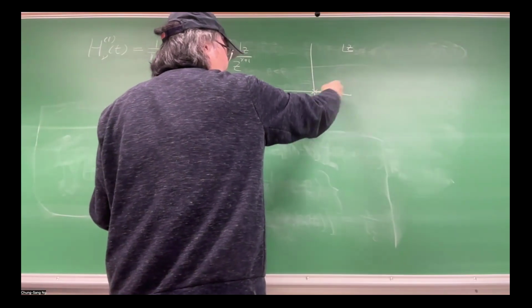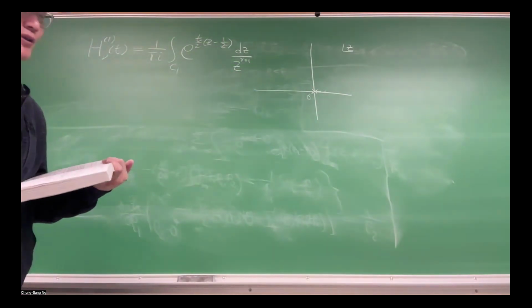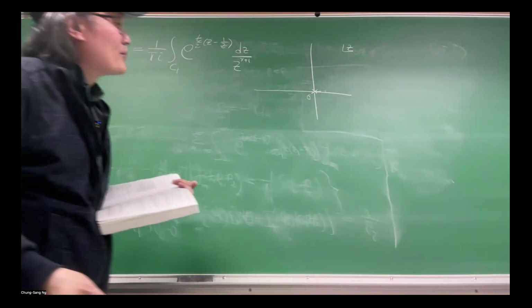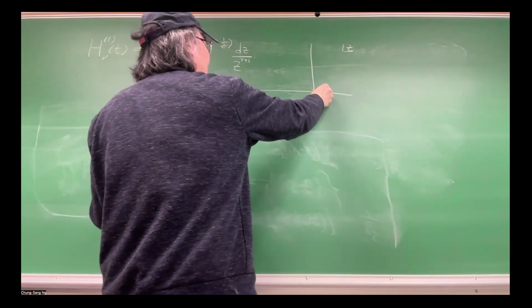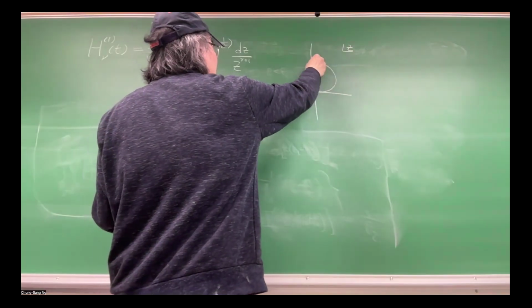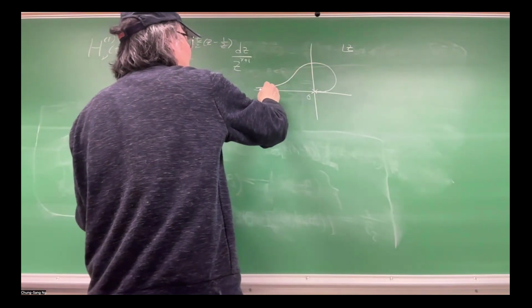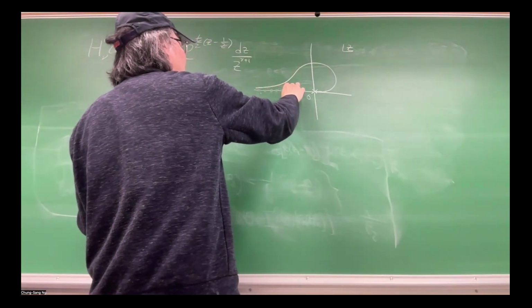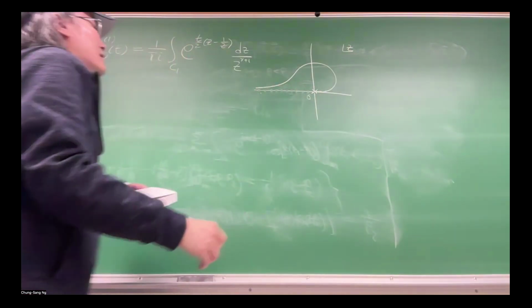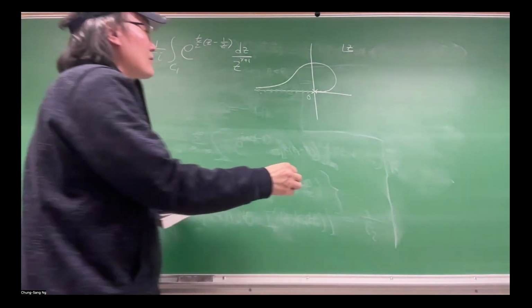It's just for argument's sake, you can always go out anywhere you like because it's analytic. You turn around and go to negative infinity above the branch cut. The branch cut goes to negative infinity. So that's C1.